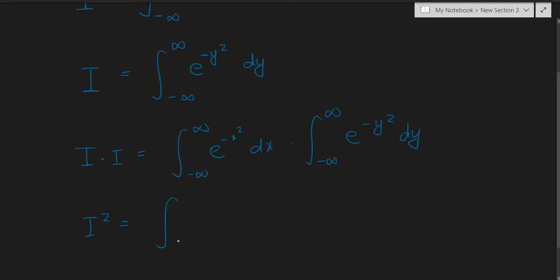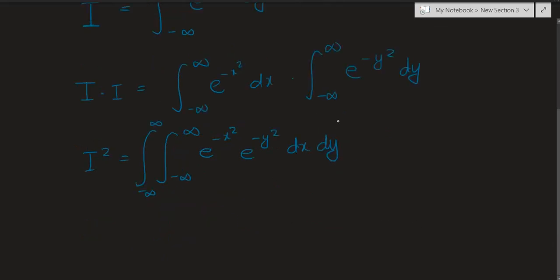So we'll have the integral from negative infinity to infinity of e raised to negative x squared times e raised to negative y squared, which is inside, integrated from negative infinity to positive infinity, and the dx dy over here. So all I did is I just placed this x integral inside the y integral, writing the integrands as they are.